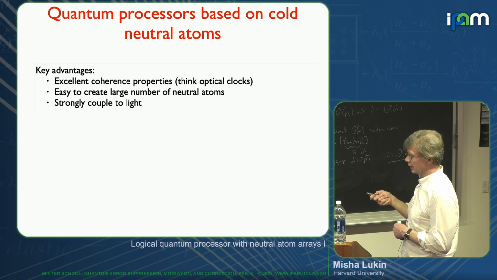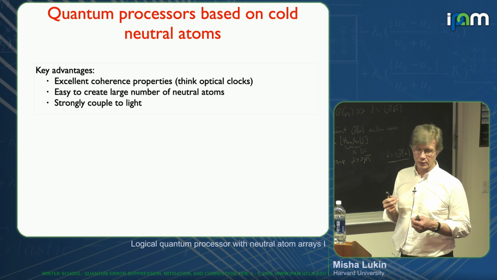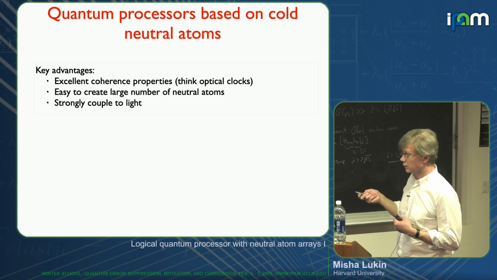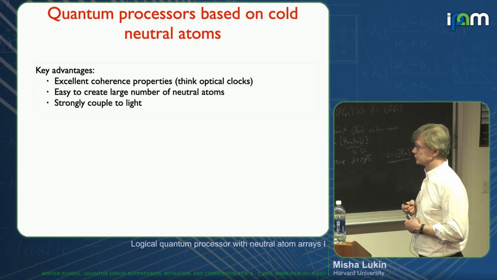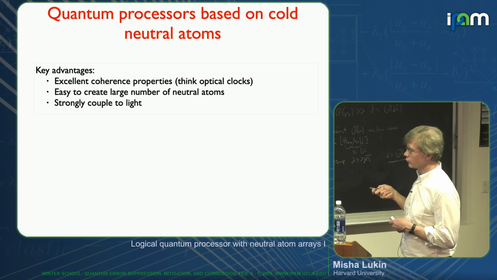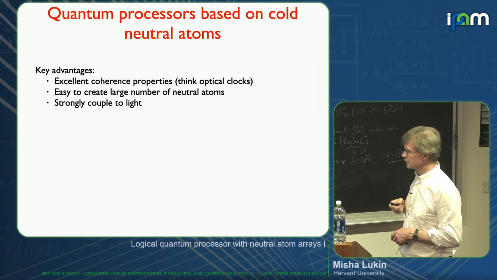For example, the most precise measurement instrument that humankind has ever created to date is the optical atomic clock, which utilizes cold atoms in an optical lattice. Also, it's relatively easy to create a large number of neutral atoms. And importantly, maybe not for these lectures, these atoms can couple strongly to light.